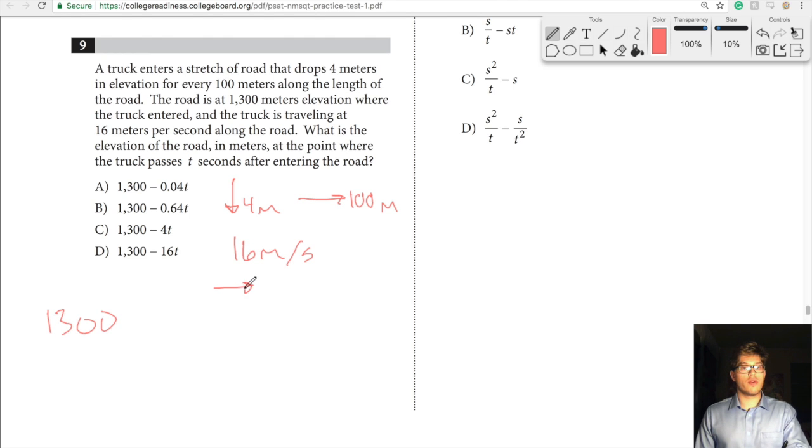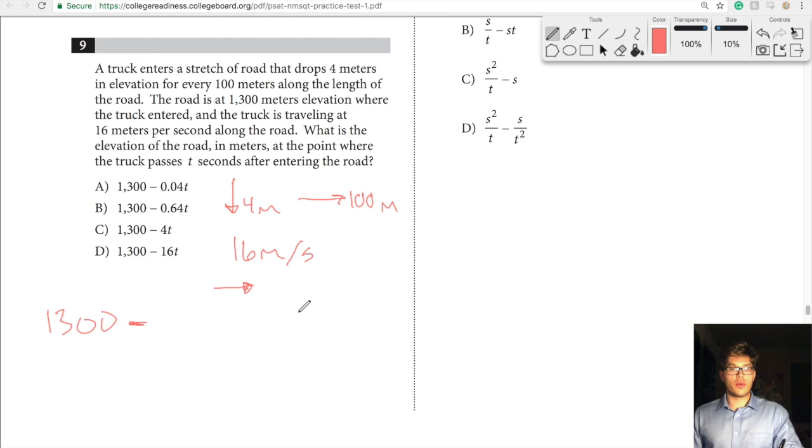So it's going forward at 16 meters per second. What is the expression we can use? So we start at 1,300 and then we're decreasing at what value per second? T. Well, we're not going down 4 meters per second. We're going down 4 meters for every 100 meters we go. We're going 16 meters per second.